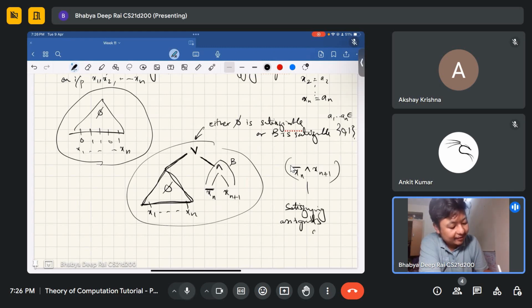Are we setting either the first one to 0 and the next one to 1, or the first one to 1 and the next one to 0? Is this correct? Okay, I'll be more specific. Are we setting xn and xn plus 1?